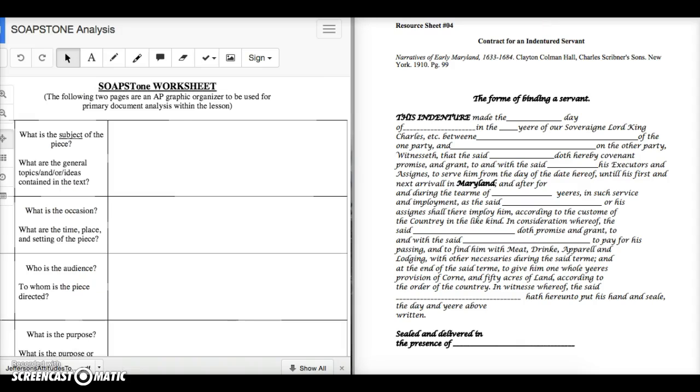Switched over to a different screen so you can see how we can fill all of this document in together. So, we want to know what the subject of the piece is.